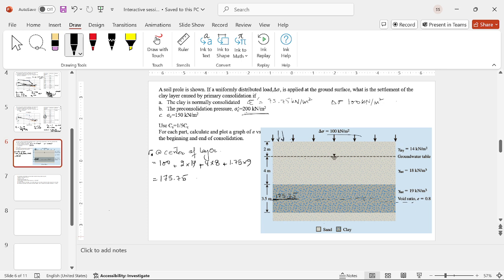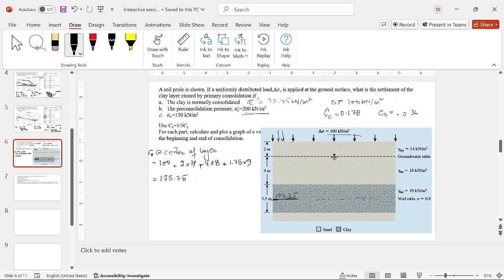So sigma naught we have calculated. Let me give you the value of Cc, and then Cs will be 1 by 5 of Cc, which will be 0.178, 0.036.